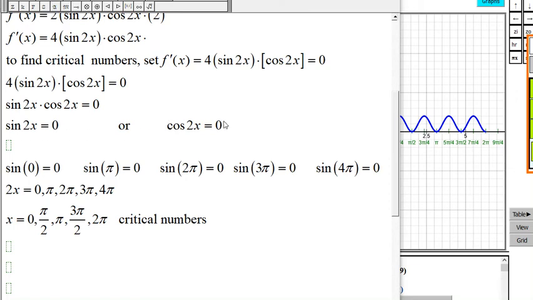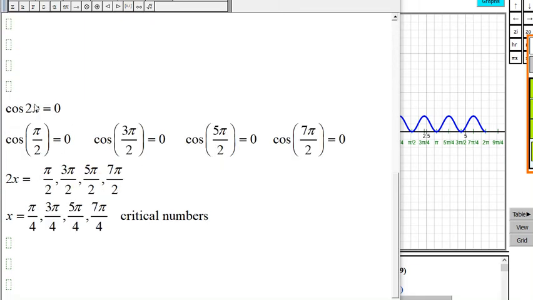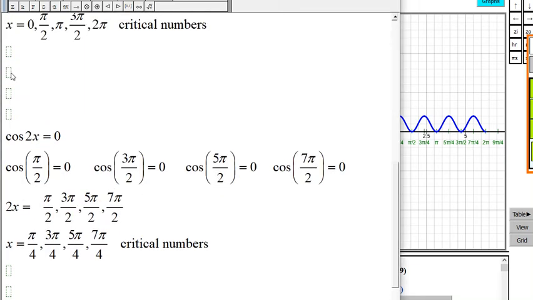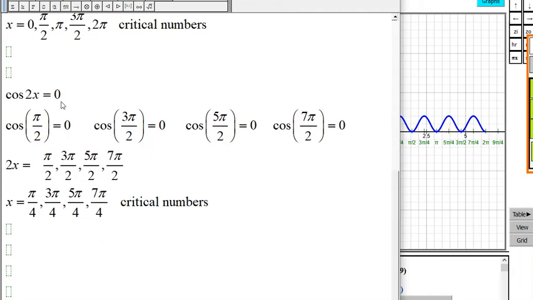And then we also get critical numbers from this equation. So we have cosine of 2x equal to 0. Again, look at the trigonometric table of values to find where the cosine is 0. We know that cosine of pi over 2 is 0, cosine of 3 pi over 2 is 0, cosine of 5 pi over 2 is 0, and cosine of 7 pi over 2 is 0.